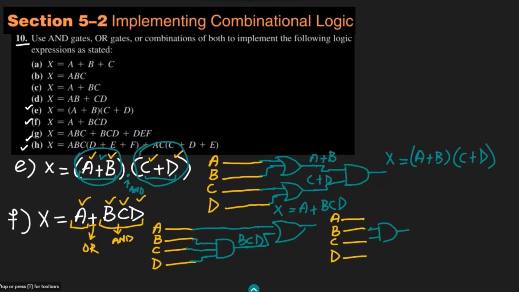So the output of it will be BC, and this BC has also been multiplied with this D as well. So I will get this BCD.